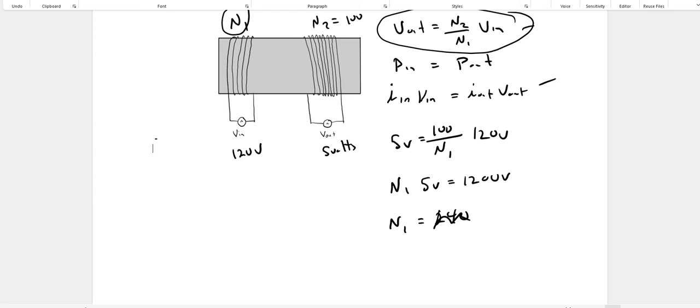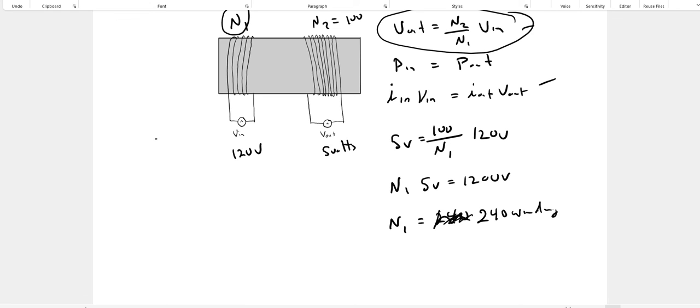No. 100 divided by 5 is 20. Give me a moment here. Yeah, 240 windings. I think that's right. I haven't had my coffee this morning, or much of it.